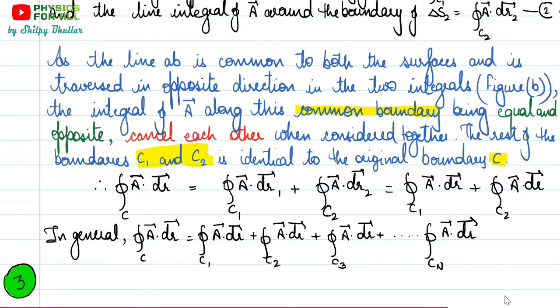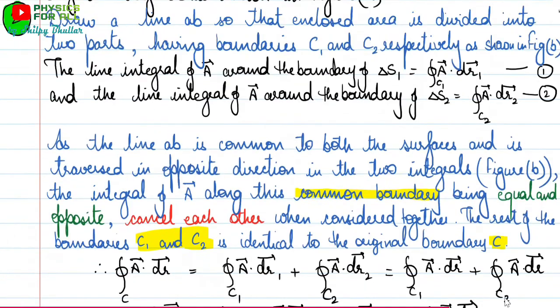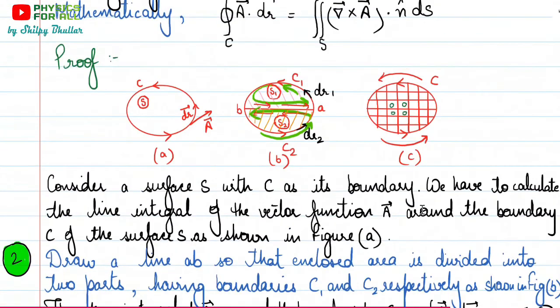In reality, we can draw as many boundaries or as many tracks as the way we made just AB. So we can draw as many lines within that particular surface as we have drawn in figure C. You can see that, and we would get a lot of curves.